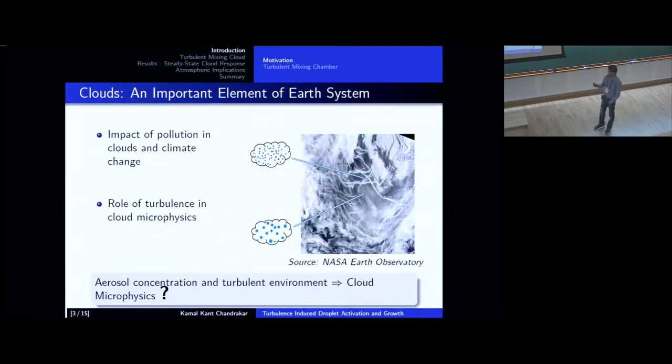Other effects include entrainment, as Professor Narasimha talked about, and Vipin Kumar also talked about this entrainment effect in cloud microphysics. But along with these, there are other features of turbulent flow. Turbulent flow also causes fluctuations in scalar quantities like the temperature field.